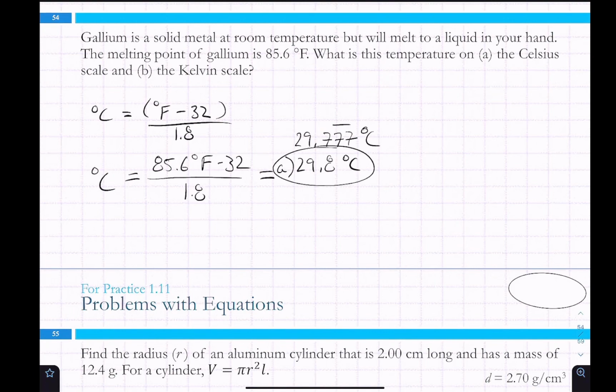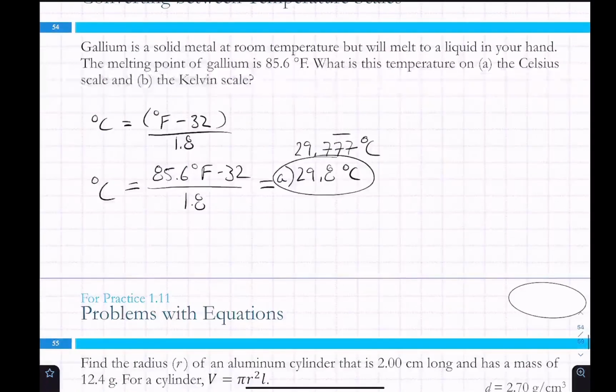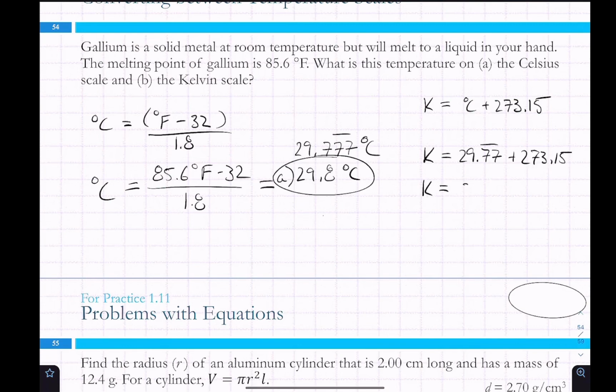So for B, we want to find the temperature in the Kelvin scale. So write the equation: K equals degrees C plus 273.15. So this will be 29.77 repeating plus 273.15, so this would be 302.92 repeating.